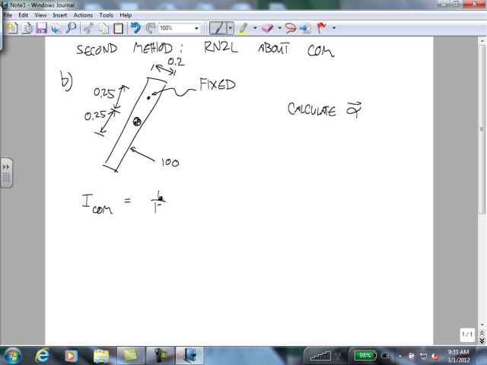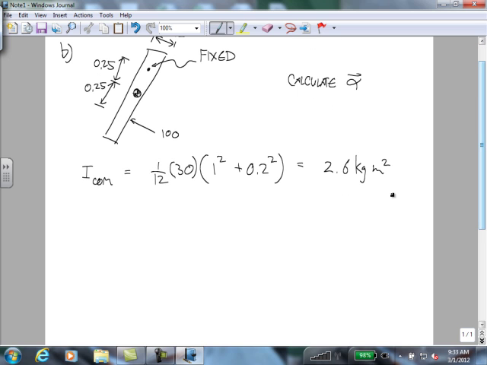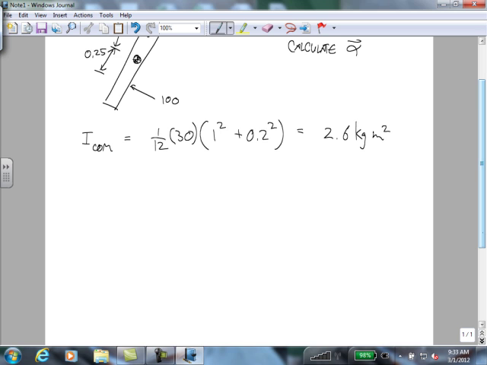So we have 1/12 times the mass, which was that 30, times the quantity length squared, so 1 meter squared, plus width squared, 0.2 squared, and you get 2.6 kilogram meter squared. And do we have to use parallel axis theorem at all for this one? No, that's only if it's somewhere other than the center of mass. So this is it for the moment of inertia.